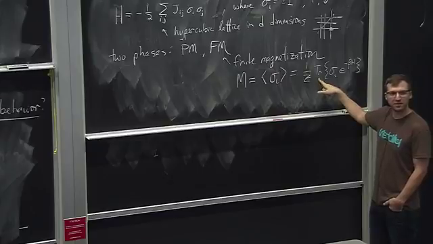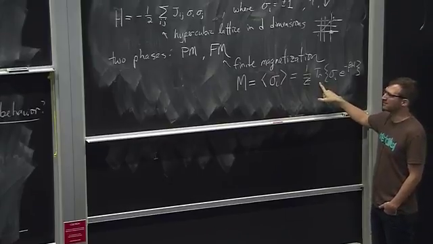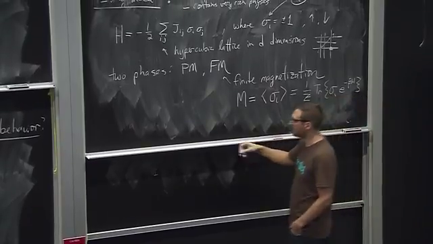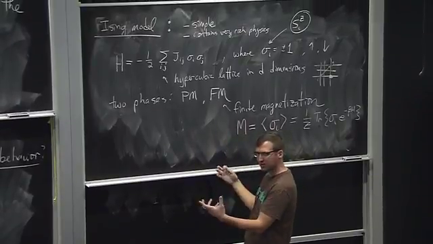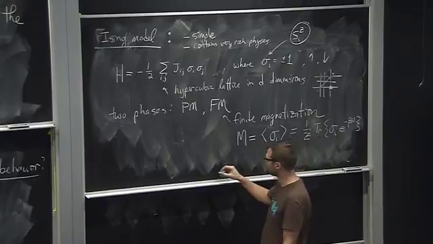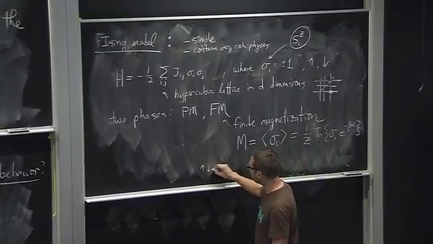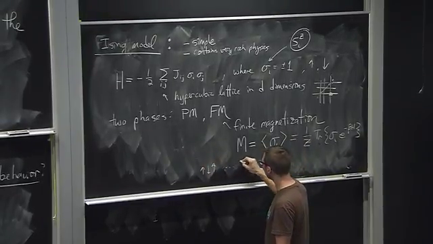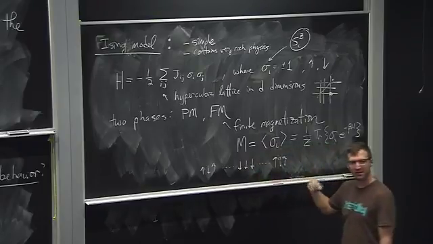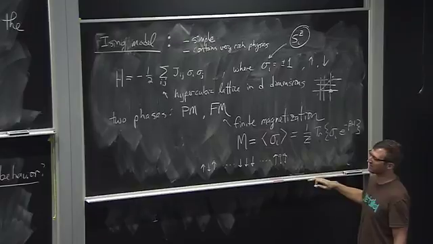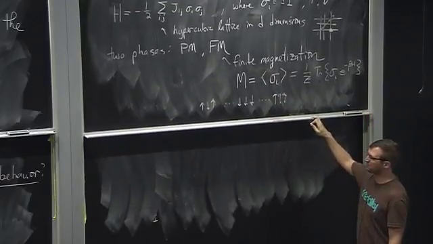You have this trace that's very difficult to do, the sum over all states, right? And states, if I have a very large or an infinite size system, you have to sum over all possible states. 2 to the N is the size of that Hilbert space, or that state space.